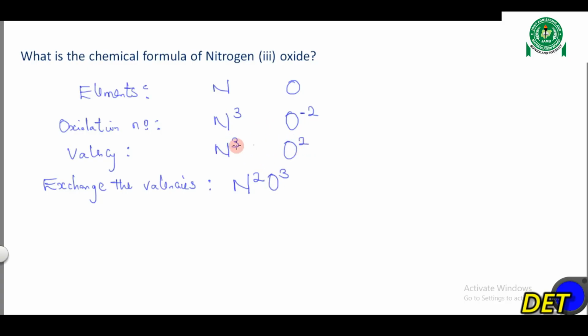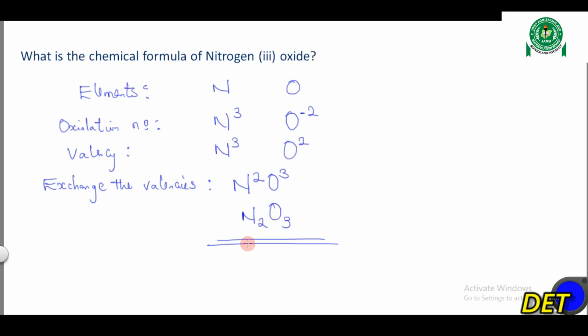With this, I've exchanged the valencies, right? Then the next thing is to write them down. So this will be N2O3. They cannot cancel out, right? This is therefore the chemical formula of nitrogen 3 oxide. It is very simple and straightforward.